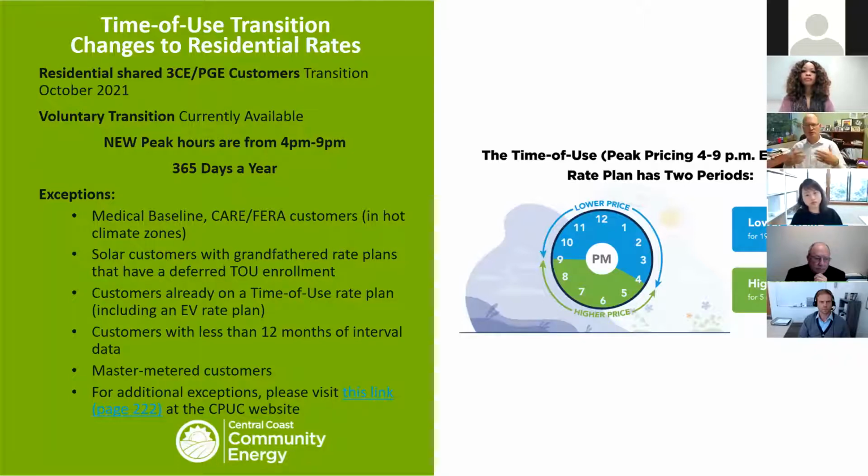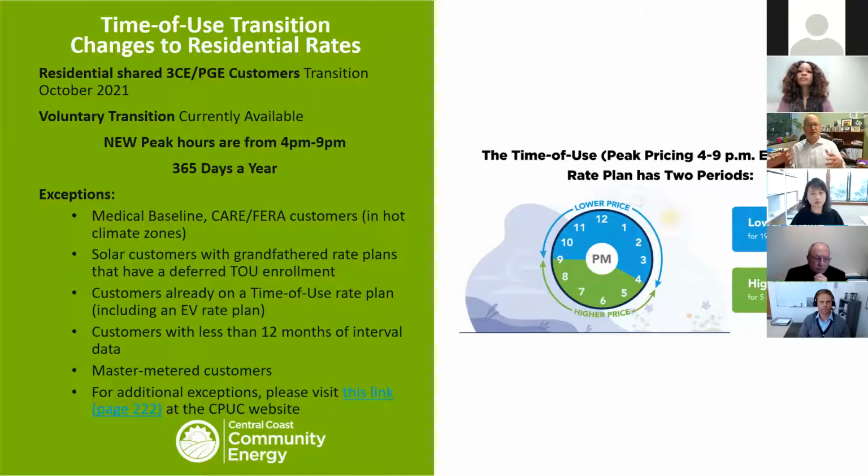And really this isn't 3CE's doing, this is PG&E's doing. PG&E is saying, hey, we're recognizing that the market is changing and that we need to reprice our generation cost to be reflective of what we're seeing in the market. And so they've done that. They've rolled out new peak hours, which are now from 4 p.m. to 9 p.m. for 365 days a year.